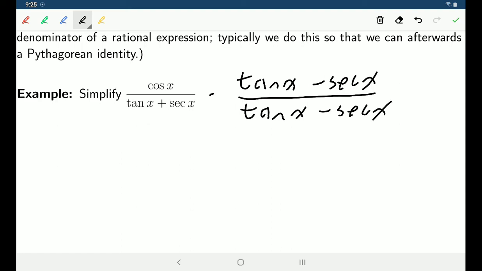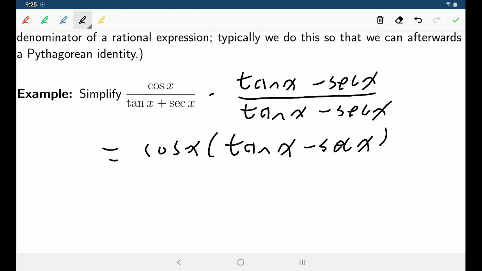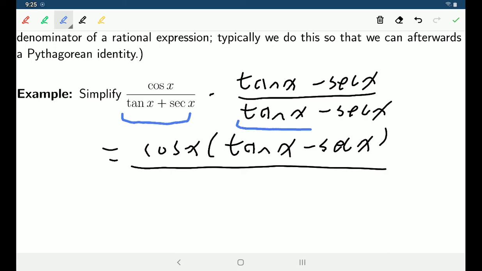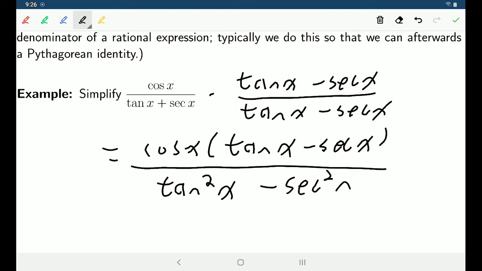I know 2 things. Number 1, that on the top I would have cosine of x times all of that, tangent x minus secant of x. And in the bottom, when we multiply these 2 together, tangent plus secant times tangent minus secant, remember a plus b times a minus b is a squared minus b squared. So when I multiply those together, I'll get tangent squared x minus secant squared x.